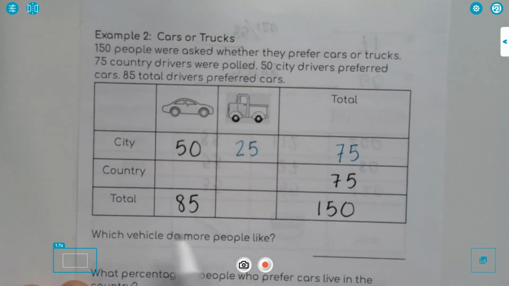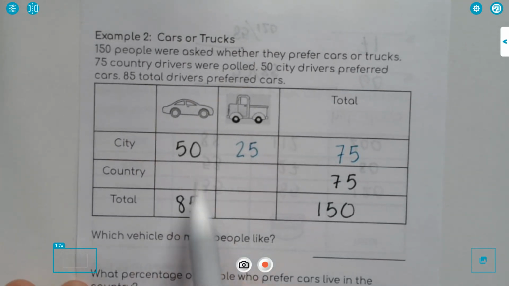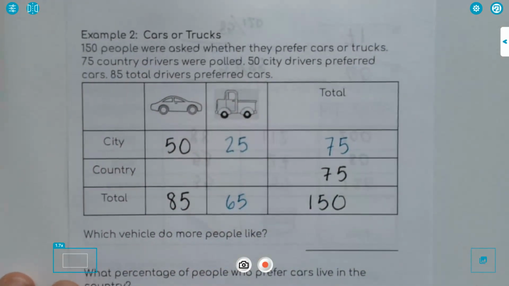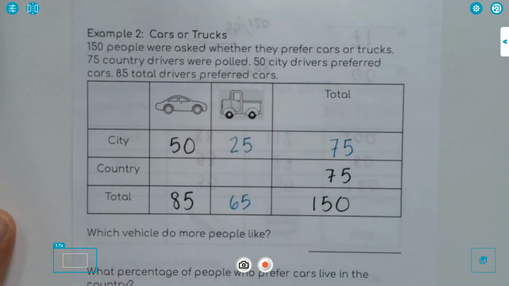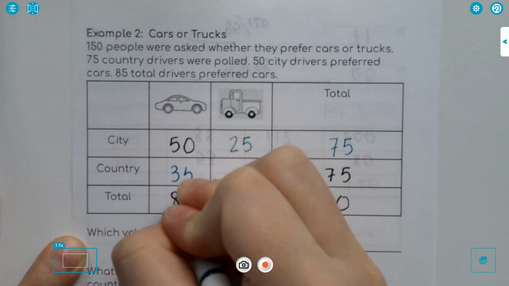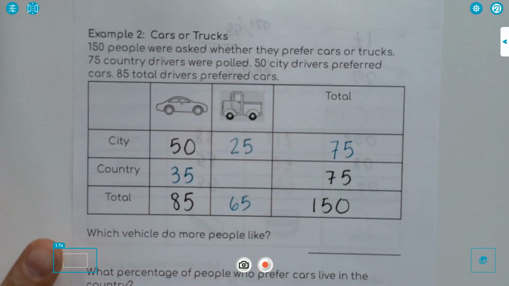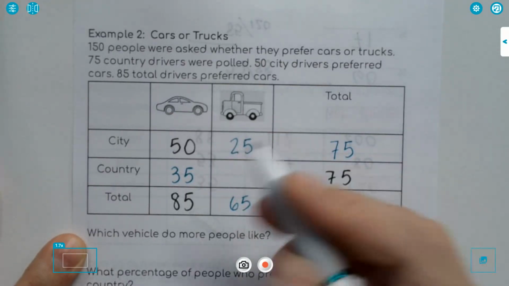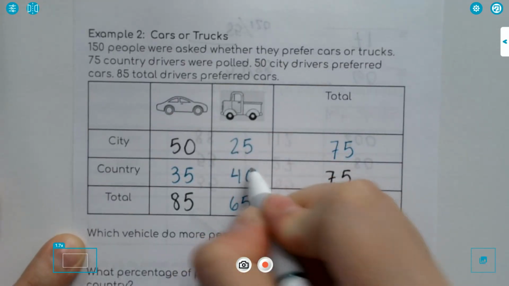Okay, down here at the bottom, 85 total picked cars, which means the other 65 must have picked trucks. So I'm just doing 150 minus 85 to get that. And then to finish these off, 50 plus what is 85? That would be 35. 25 plus 40 would be 65, so this box is going to be 40 here.